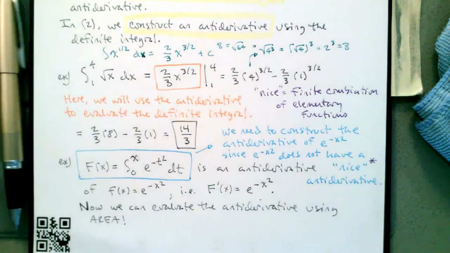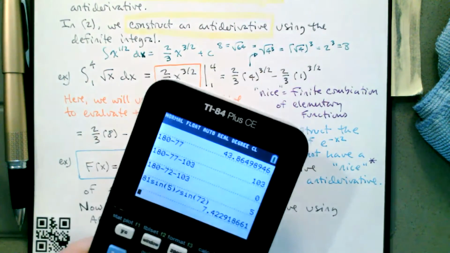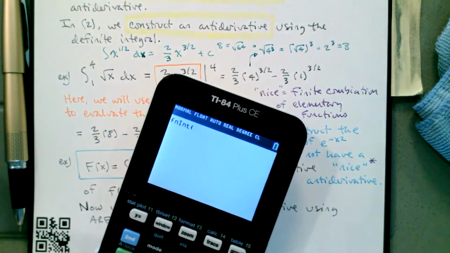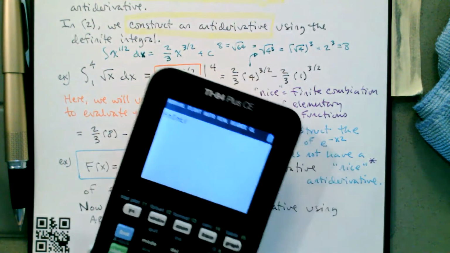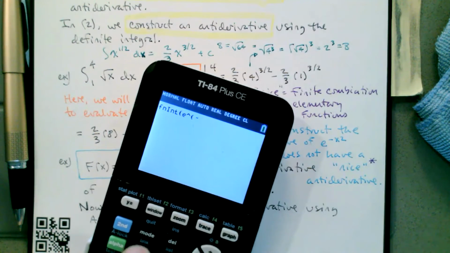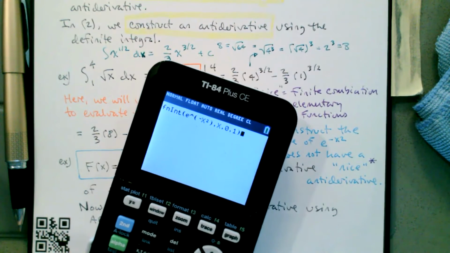Now we can evaluate the antiderivative just using area. If I need to know what F of 1 is, I'll just do math 9 and F an integral of e to the minus x squared with respect to x from 0 to 1.